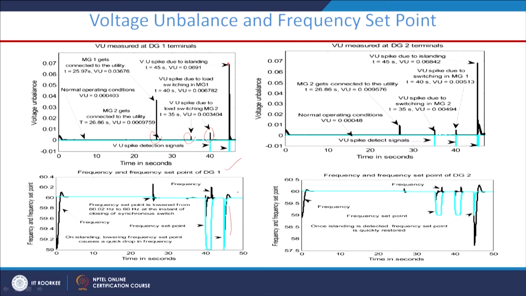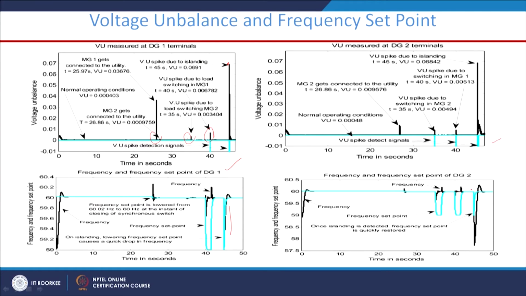That is what this particular technique says. If any islanding is there, the frequency will drop very quickly below 59.2, then it is an islanding situation. So we have to reset this frequency from 59 to 60 hertz, and also we have to open this circuit breaker, and after that we have to restore.